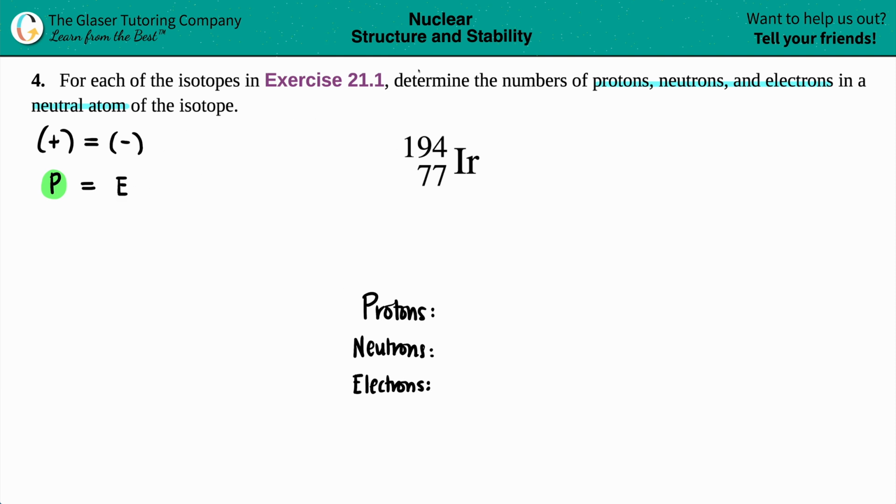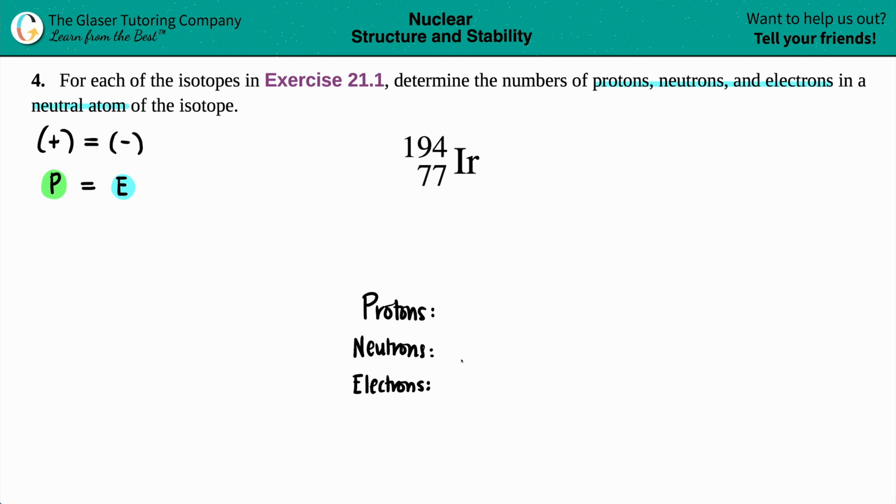So positive protons, negative electrons, we'll color that in blue, and they have to be equal to each other. So that means that if I know what the proton number is or what the electron number is, I know the vice versa, because they are going to be the same.